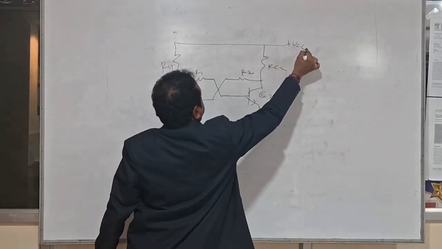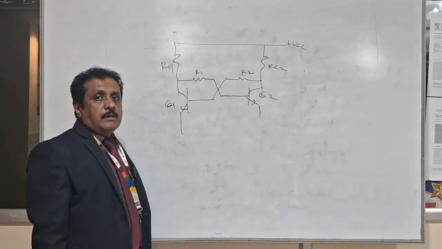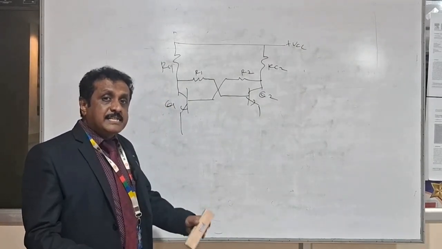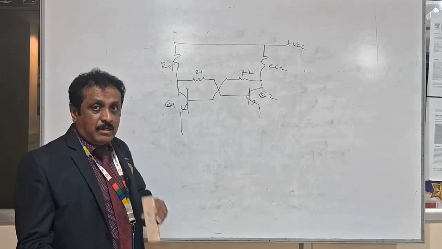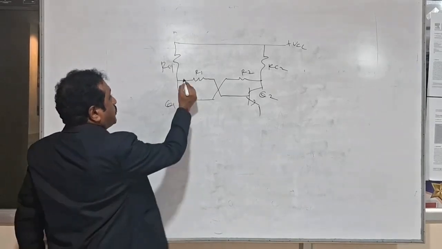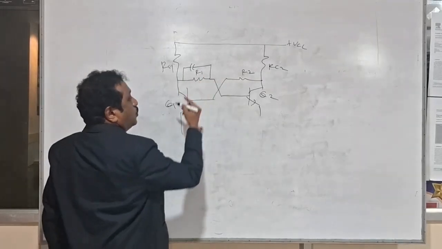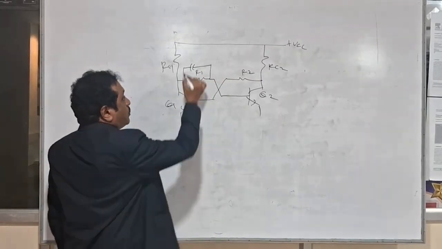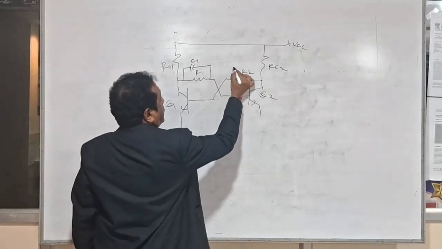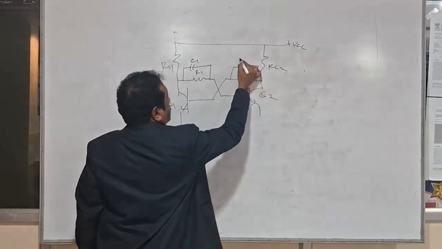Here the supply is VCC. In order to speed up the transition between the on and off state change, we are going to connect two capacitors in parallel with the two coupling elements R1 and R2. Here you take C1 and here we put another capacitor C2.